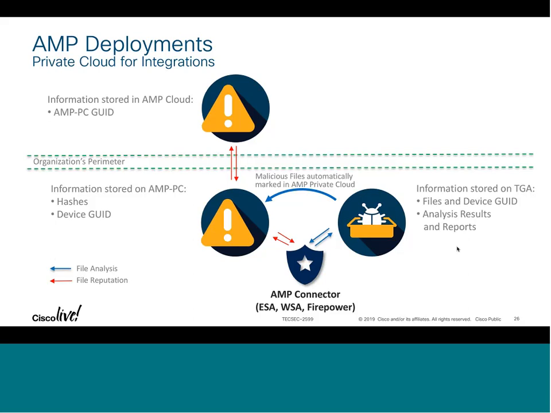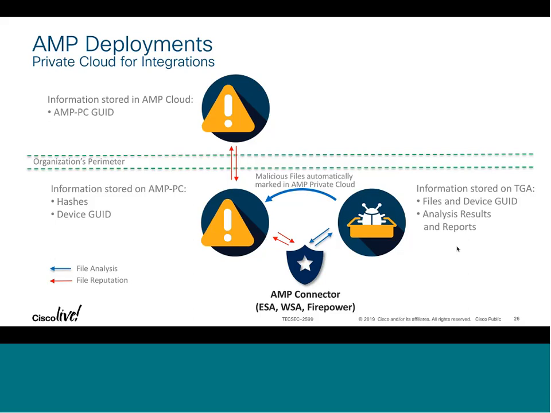And then there's a sort of backup step that's available with the AMP private cloud being able to query the public cloud. If it gets a request from the connector, somebody's trying to look up a hash, and our private cloud does not have that hash, it can optionally forward that request to the public cloud and get an answer back.